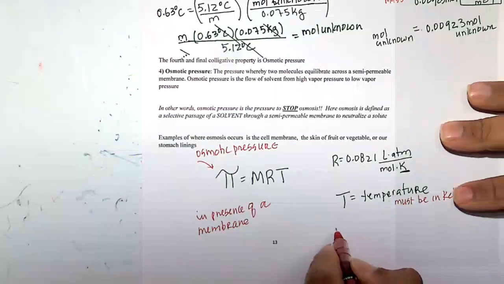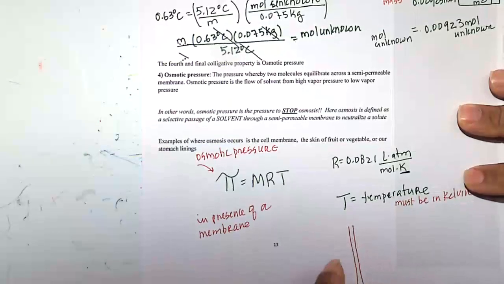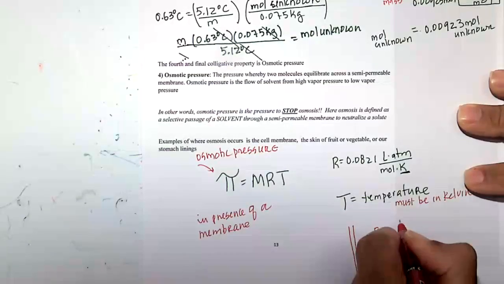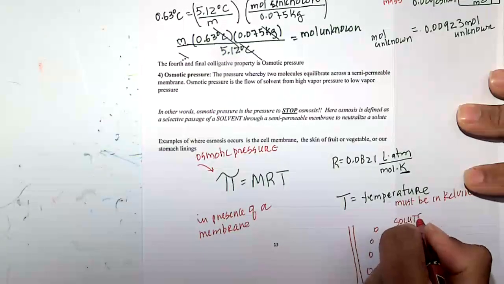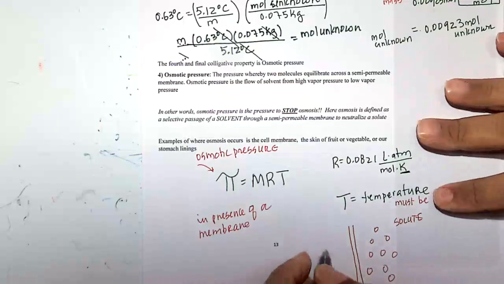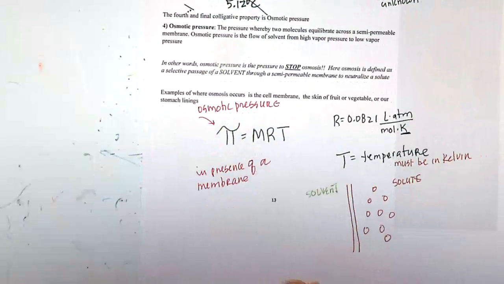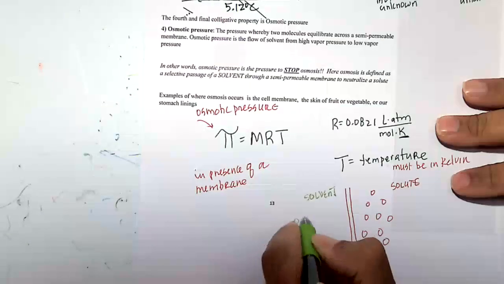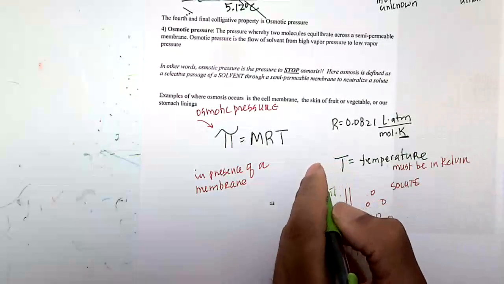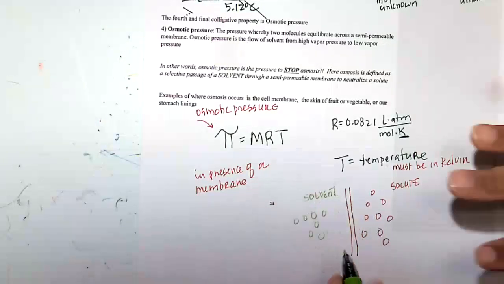Let's say we have an example here on page 14. You have a membrane that is semi-permeable, and we have our solute. This is kind of like your plasma membrane in biology. And then we have our solvent. Let's use water as our solvent, because that's our favorite solvent in Gen Chem. Semi-permeable means it allows water to go back and forth, but not the solute.